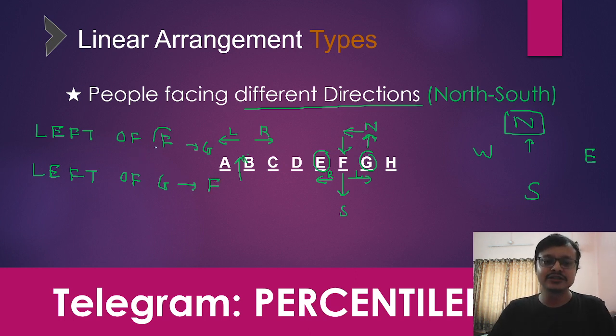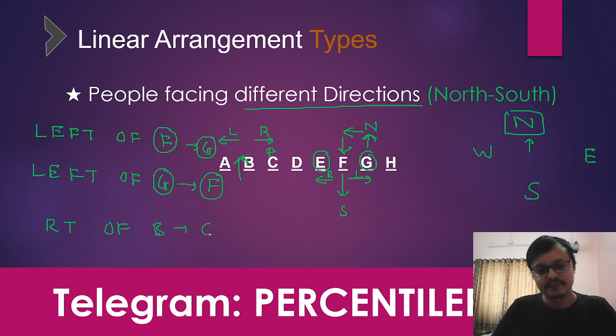So what is happening here is, if two people are facing opposite directions, then it can end up being a scenario where both people are to the left of each other or both people are to the right of each other. However, if two people are facing the same direction, for example, B and C, then right of B is C, whereas left of C is B. So that is when people are facing the conventional, that is same direction.